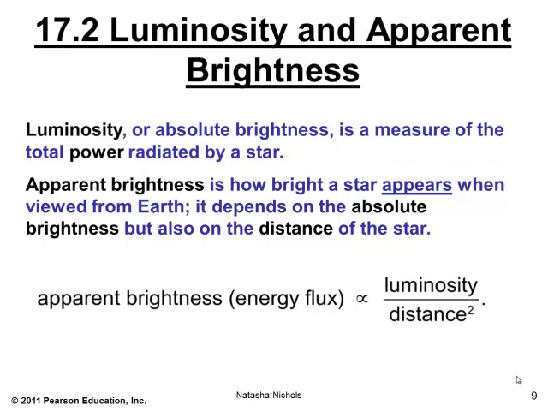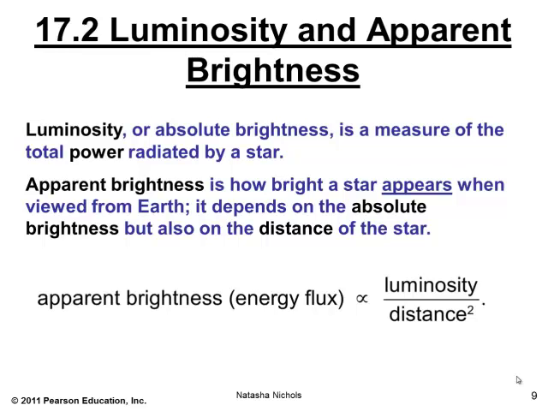Now, we can figure out how bright a star is. Just like in order for us to judge the true brightness of a light source, we need to know how far away it is. We use a similar idea for objects in the sky.